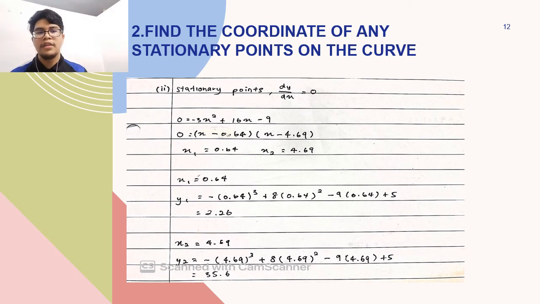If x2 equals 4.69, y2 equals negative 4.69³ plus 8 times 4.69² minus 9 times 4.69 plus 5, which equals 35.6.